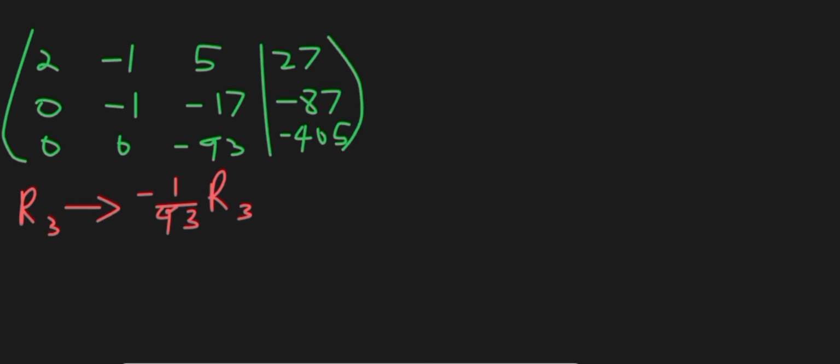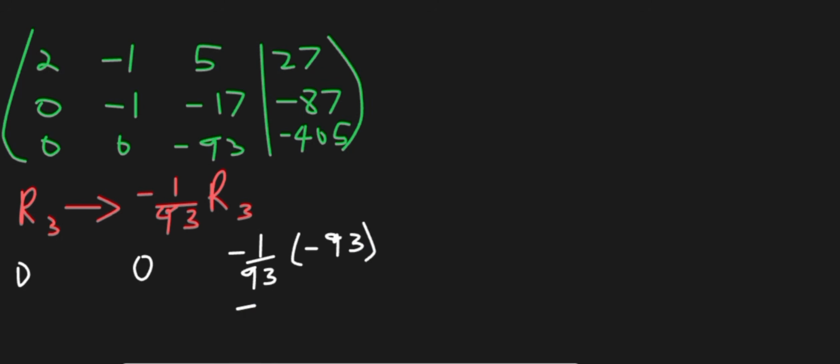The first entry 0 still, the second entry 0 still, while the third entry will be negative 1 over 93 times negative 93.